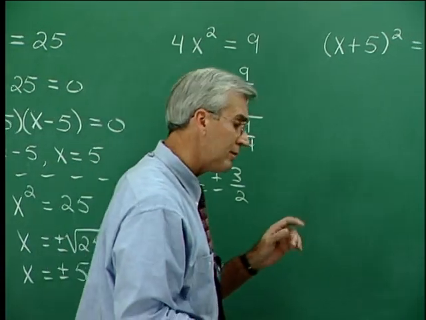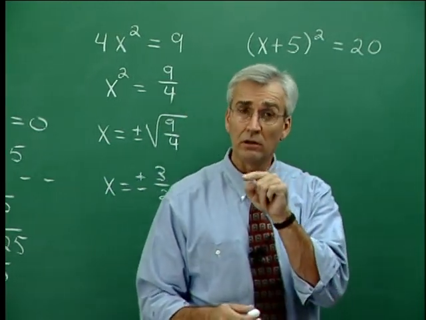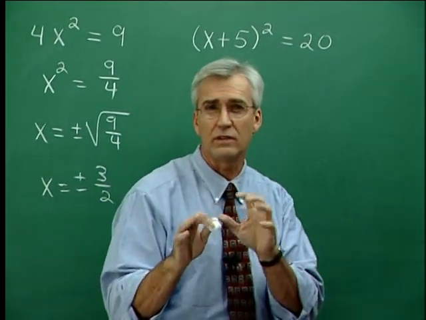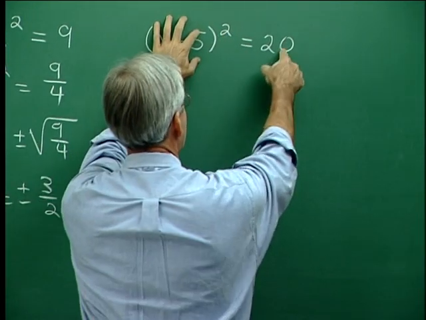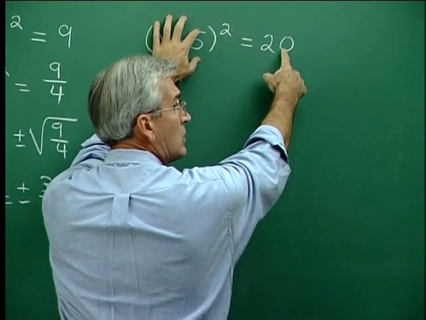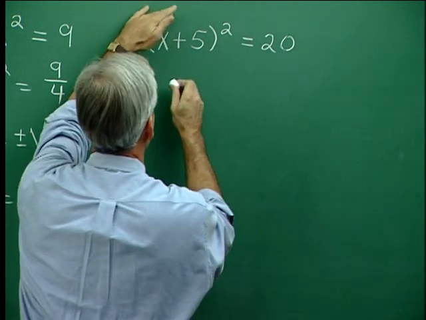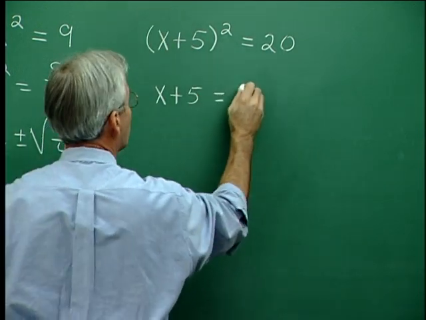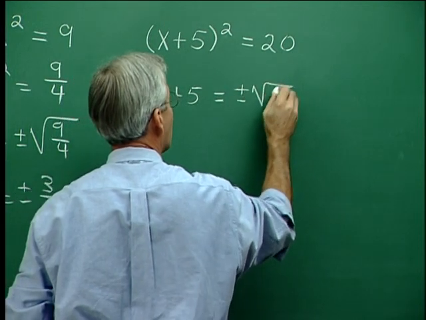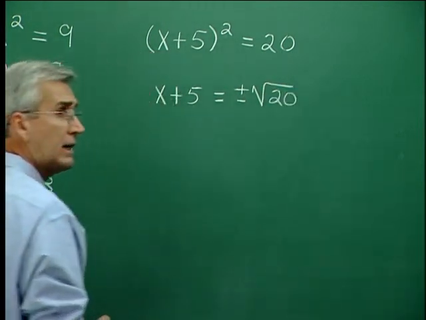Now here's one where the variable is a binomial. That is, it's a variable quantity. So we have a variable quantity squared set equal to a real number. So we can say then that that variable quantity, you see, is equal to plus or minus the square root of the real number. That's the idea.